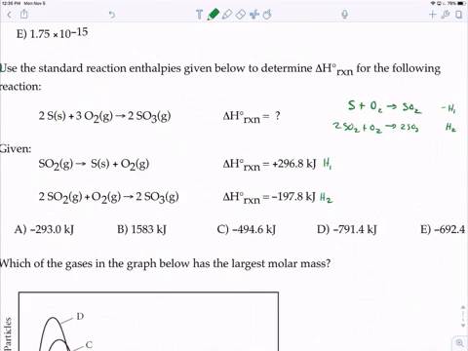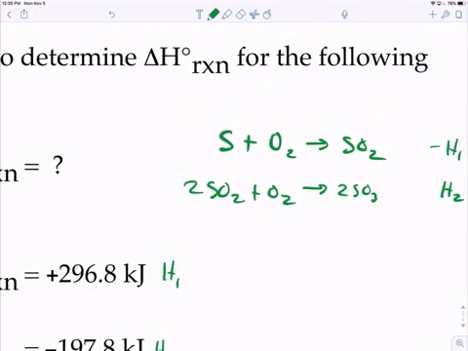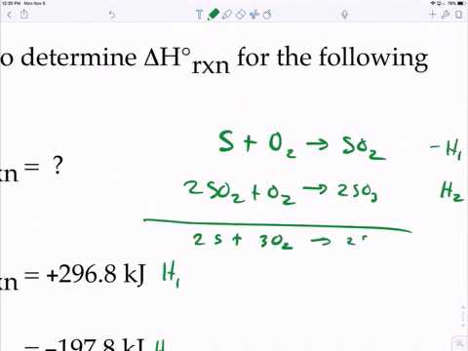And we want 2 S plus 3 O2 yielding 2 SO3. That's what we want. So how do we get there?